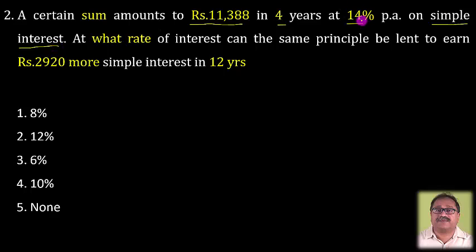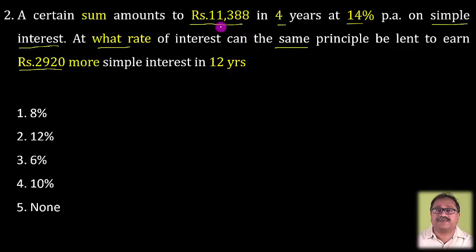For the first year 14%, second year 14%, third year 14%, and fourth year is also 14%. At what rate of interest can the same principal be lent to earn rupees 2,920 more simple interest in 12 years? Okay, hope you understood the question.